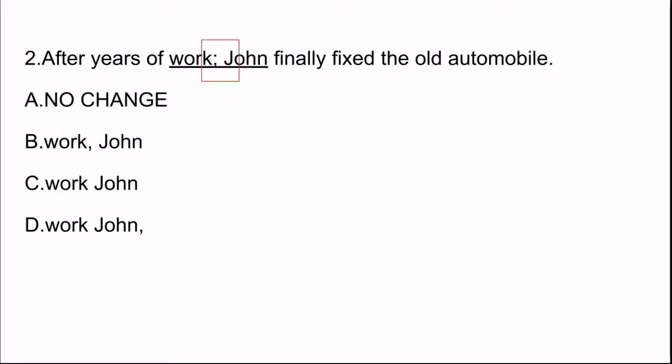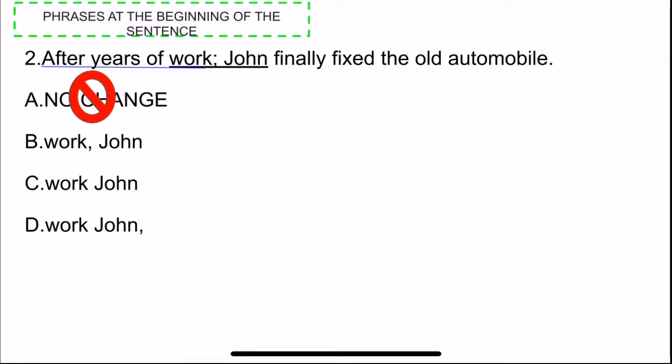So you should look at after years of hard work and know that that's not a complete sentence, so you cannot leave it like it is. So the answer is definitely not A. The phrase is at the beginning of the sentence, so in your notes I told you which one you should choose.